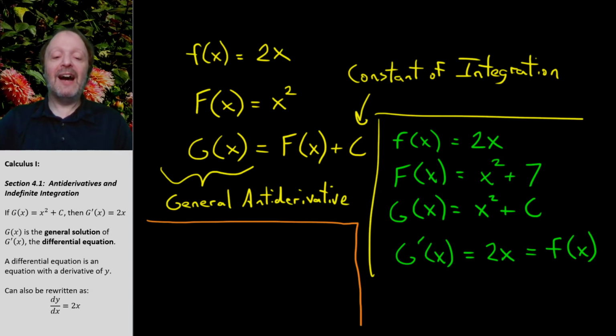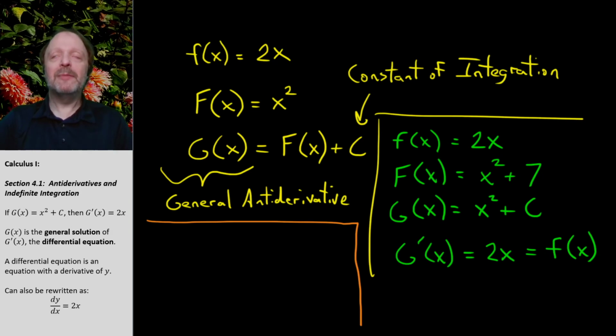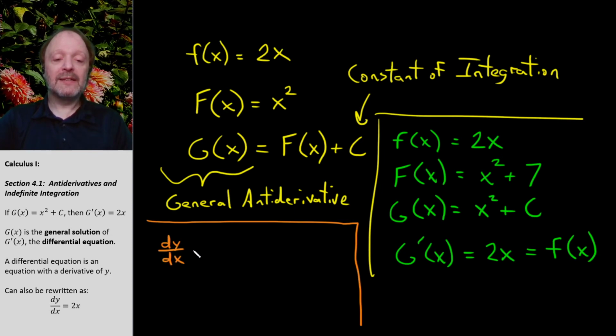Well, one of the things that we're going to be doing with the antiderivative, besides it has many, many uses, but one of the things that we can see immediately is, what if I have a prime, but I want to find the original? So, in other words, what if I have dy/dx equals 2x? This is the derivative of y with respect to x, and it equals 2x.